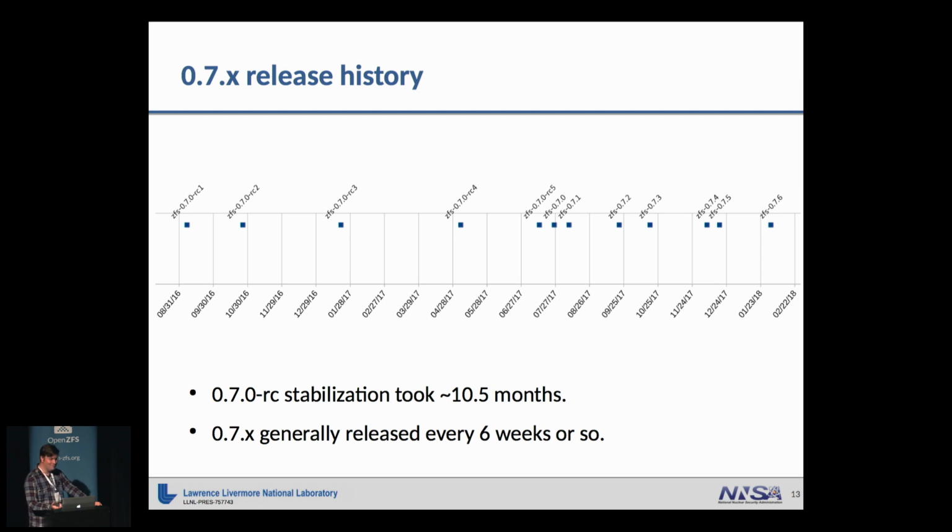So keep that in mind with 08 RC. And then I typically do the 07 stable releases every 6 weeks or so, with the exception of the last release. So you can kind of get an idea of when to expect the next release from here.